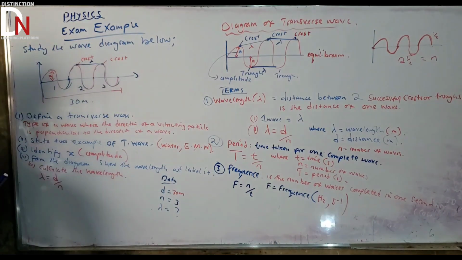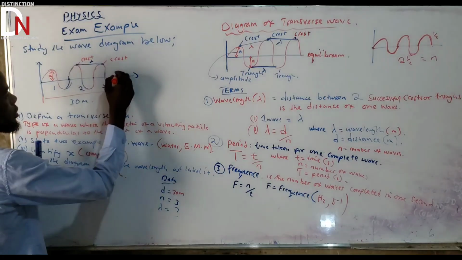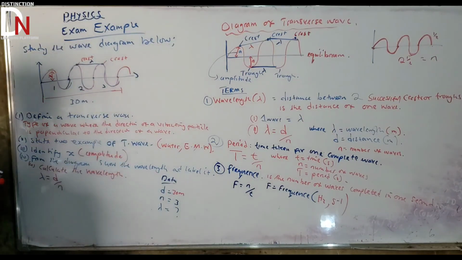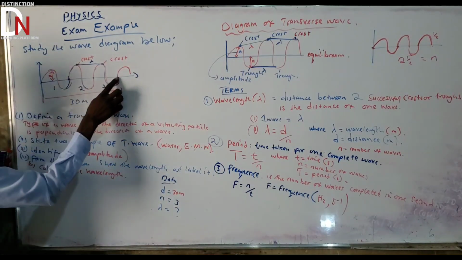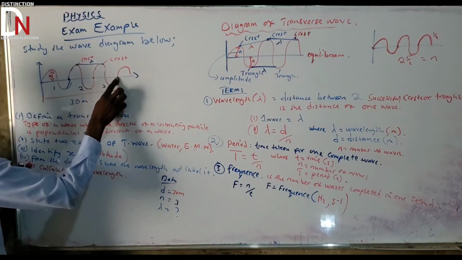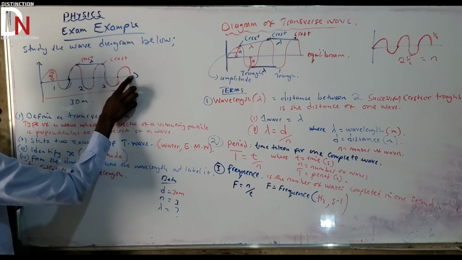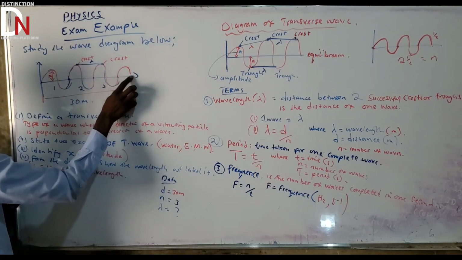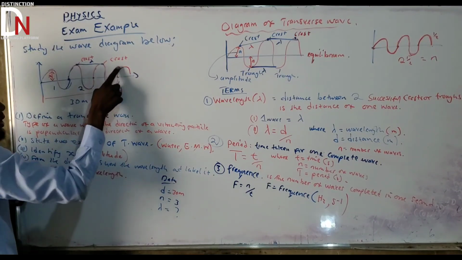Remember that if I was to add another one here, initially at this point it is 3 waves. Then I've added this one. This one is not making an S, it is just a C, like a big C. So this is 3, then this is half.